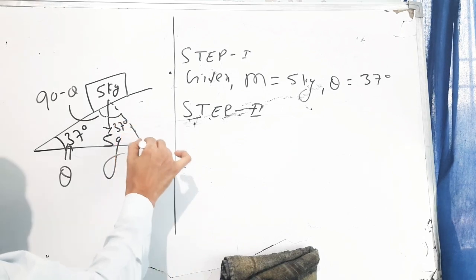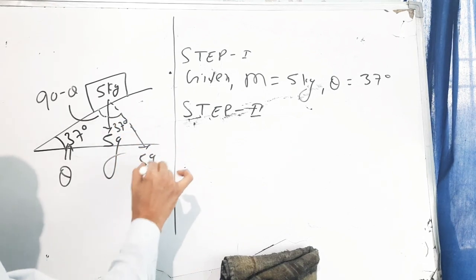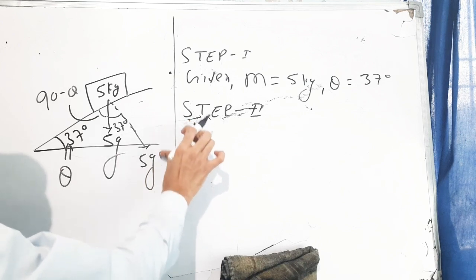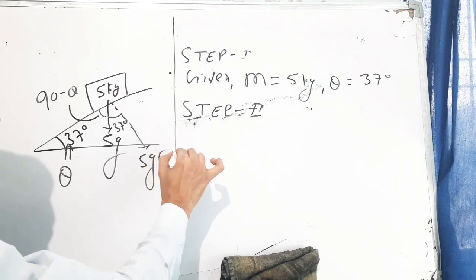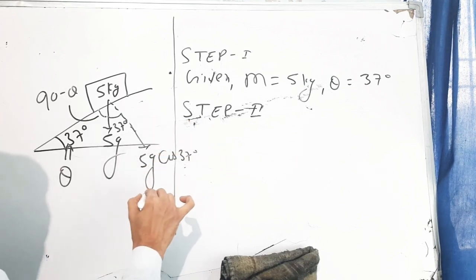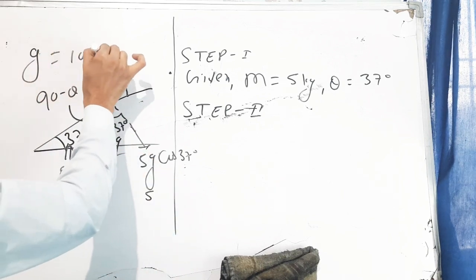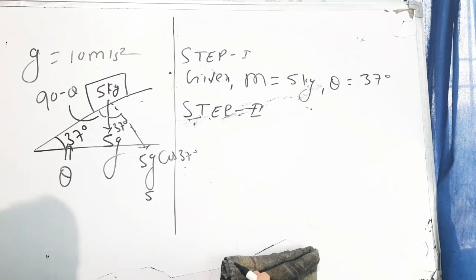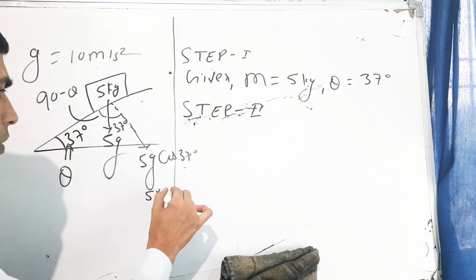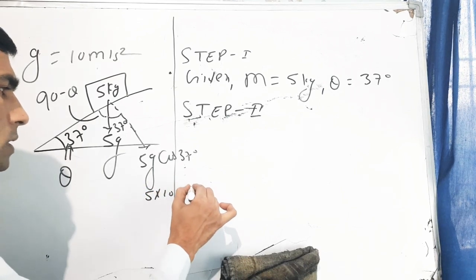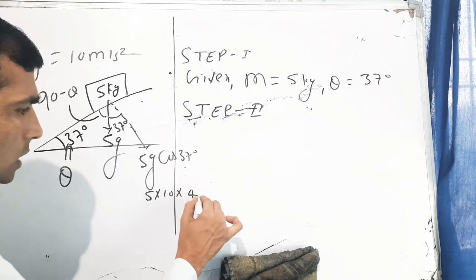So you can take the component, this is 5g cos 37, because the angle is formed with the vertical, so it is cos. Here I am considering g equal to 10 meter per second square, right? So 5 into 10 and cos 37, as I have already told you, is 4 upon 5.